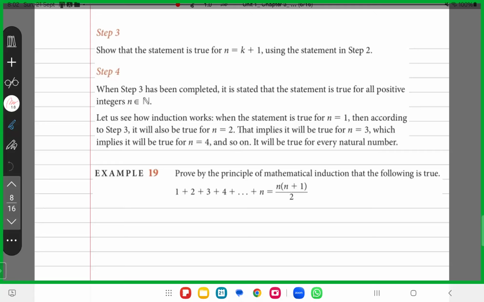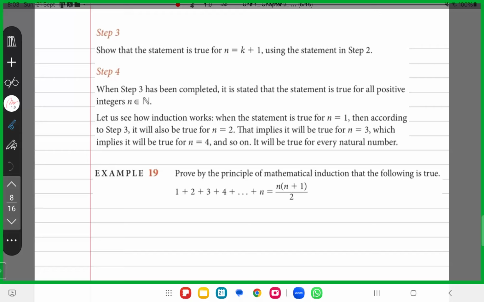So if it's true for n, it's true for what? N plus 1. So if it's true for 1, it will be true for 2. If it's true for 2, it's true for 3. So that implies it will be true for n is equal to 3, which implies it will be true for n is equal to 4, and so on. It will be true for every natural number.